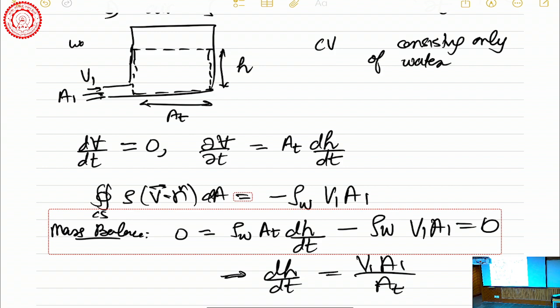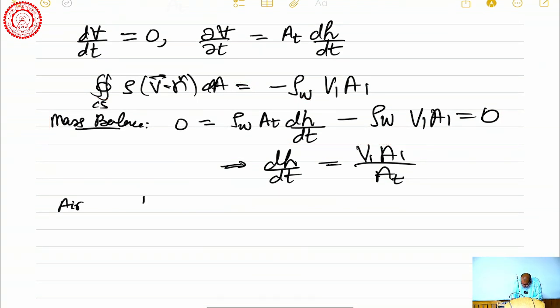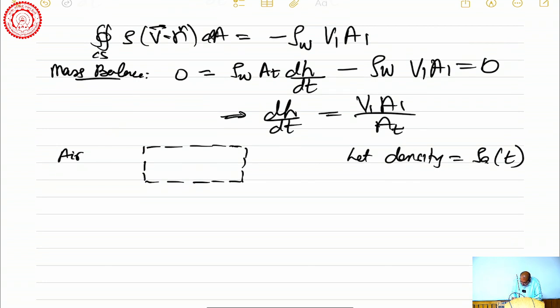And now if I look at CV, if I look at air, and let density be rho air, which is a function of time. So now here what we will have is dV by dt.